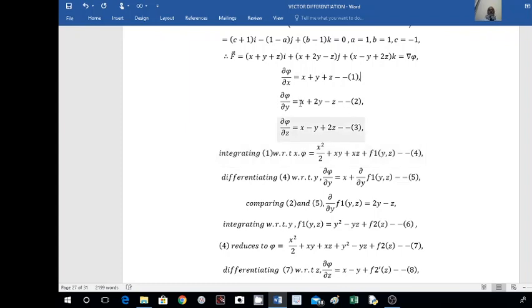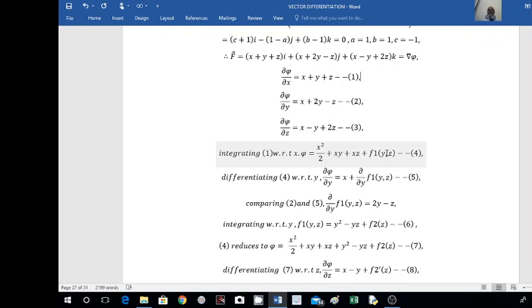We get phi equal to integration of x, which is x square by 2, plus integration of y. Here y is a constant quantity. I am integrating with respect to x, means y into x, plus z is a constant quantity, therefore integration of z is z into x, plus the constant of integration I have to write here.